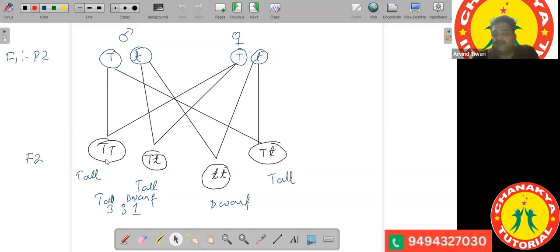Hence, you will get a tall plant. Here, one of the chromosomes is for the dominant one and one is for the recessive one. So in this case also, you will get a tall plant. The dominant one will be represented, the recessive one will not be represented.